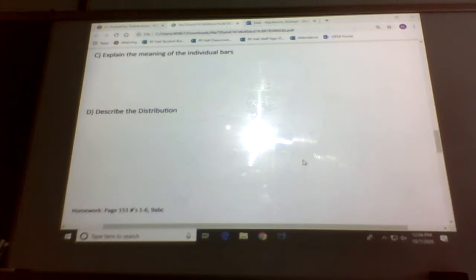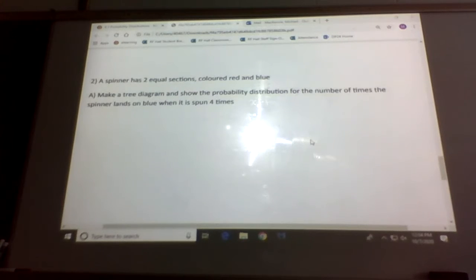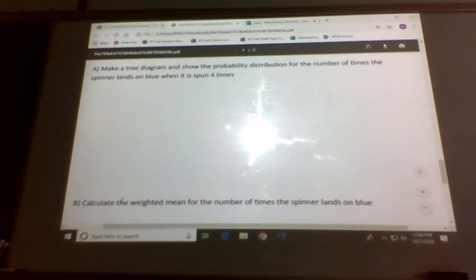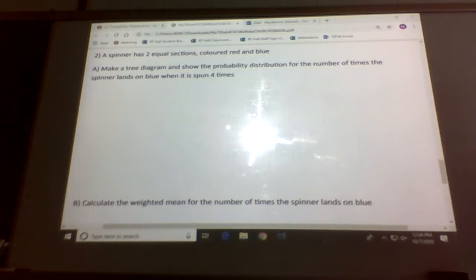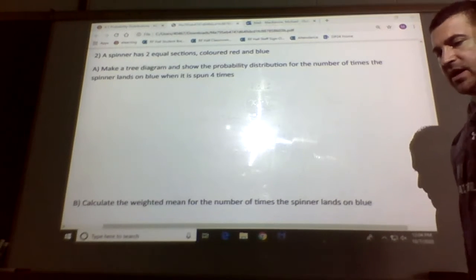Okay, question number 2. A spinner has 2 equal sections colored red and blue. Make a tree diagram to show the probability distribution for the number of times the spinner lands on blue when it is spun 4 times.